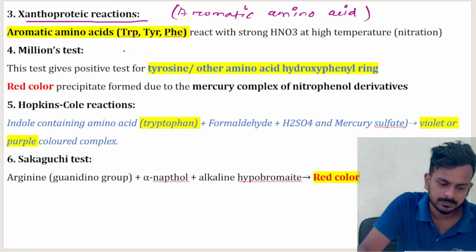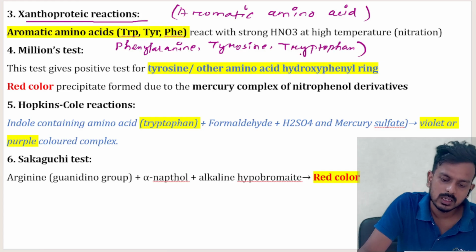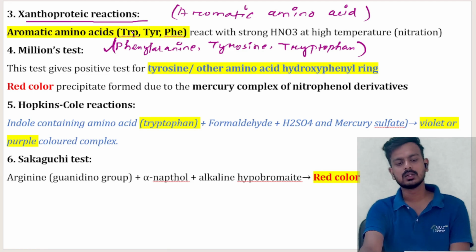One is phenylalanine, second one is tyrosine, third one is tryptophan. Please note it down. Three amino acids, the aromatic amino acid group, that is, aromatic rings present in the structure.